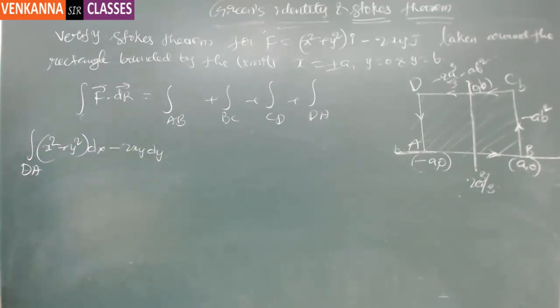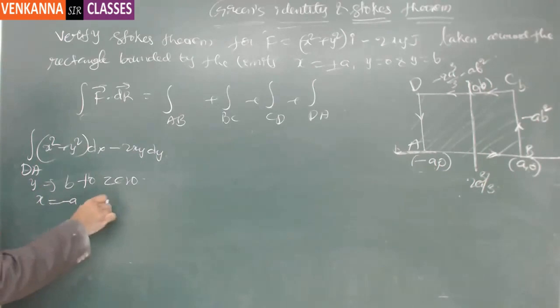Now on this line DA, the limits are y varying from b to 0, and the value of x is minus a. There is no change in x, so dx is equal to 0.